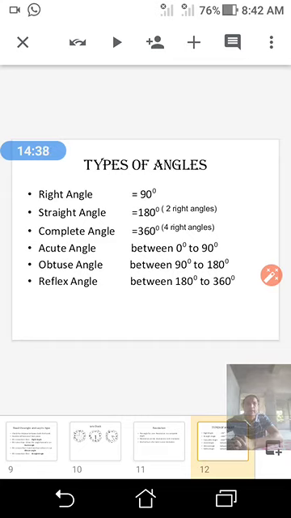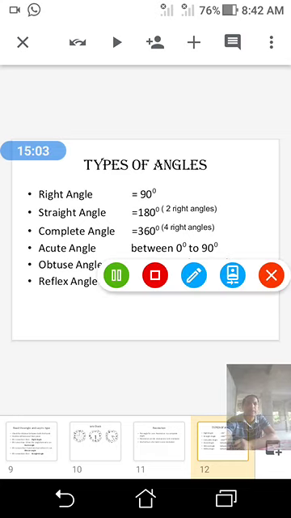Acute angle, if the measurement is between 0 to 90 degree, and as we discussed, if the distance between the hands is 2 or between 0 and 3, then it is an acute angle. Obtuse angle, if the measurement is between 90 degree to 180 degree. Reflex angle, if the angle measurement is 180 degree to 360 degree.